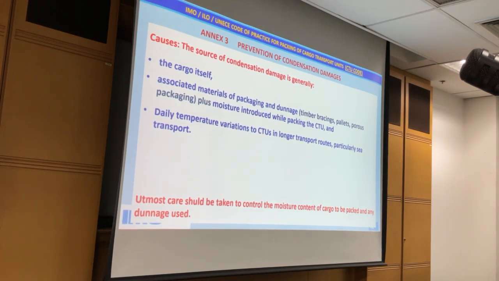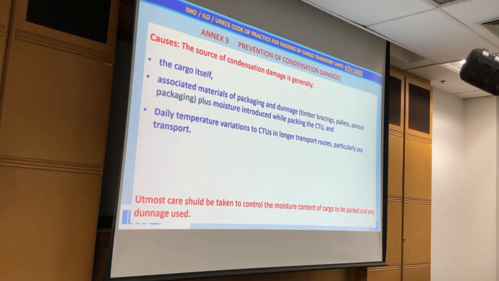But, of course, aren't there any precautions? Of course, the cargo could be wrapped into sheets, plastic or tarpaulin sheets, so that cargo sweat will have nothing to do with it. Or we put some desiccants in the containers.